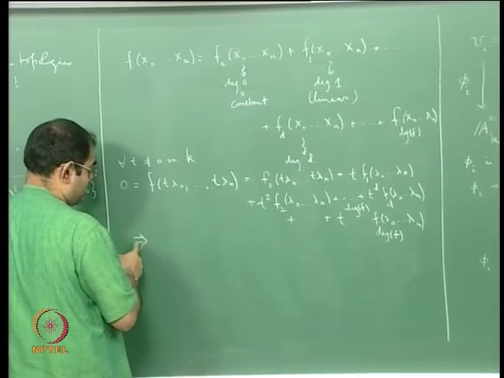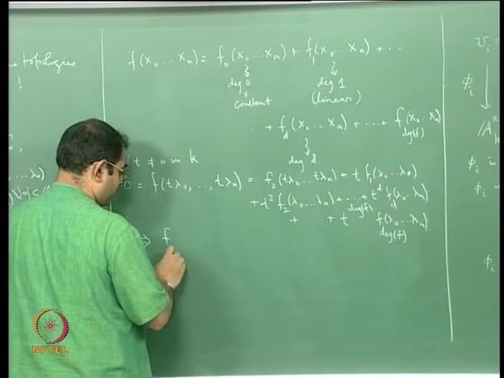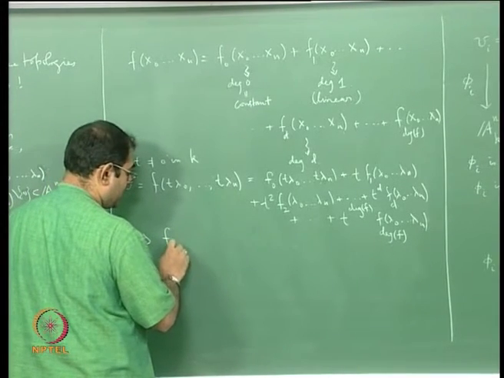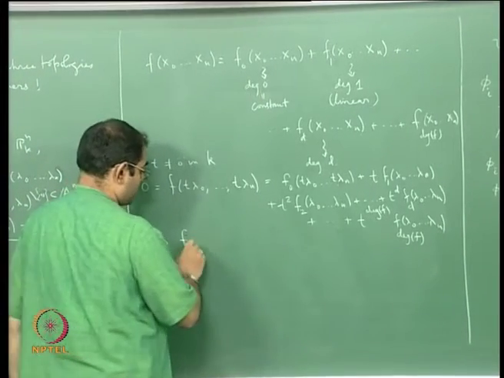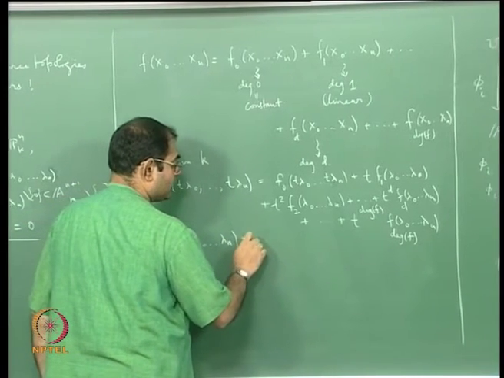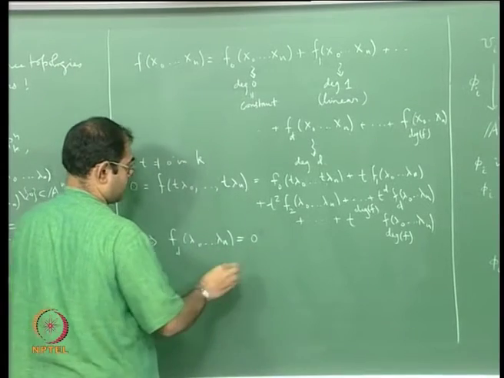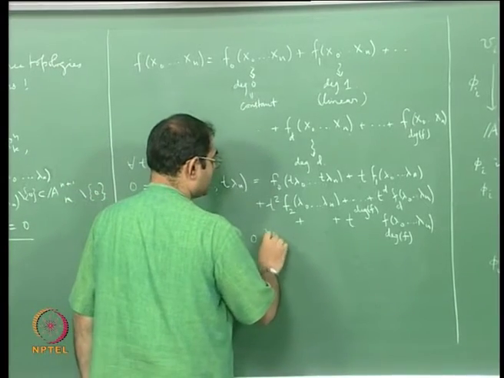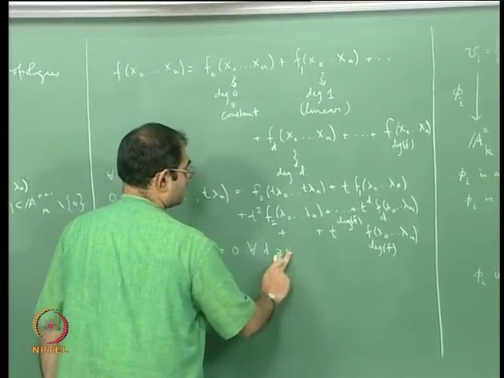Now I claim that this implies that each fd of lambda naught etc. lambda n is 0 for every d greater than or equal to 0.